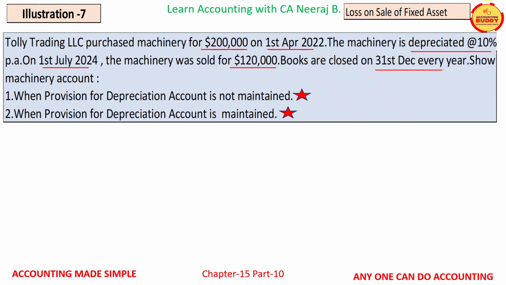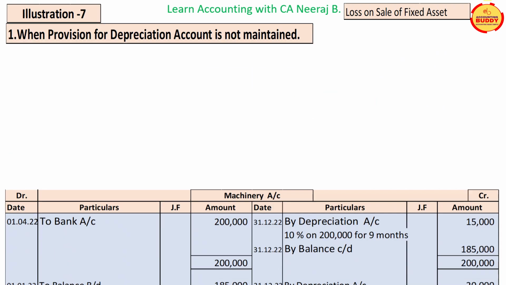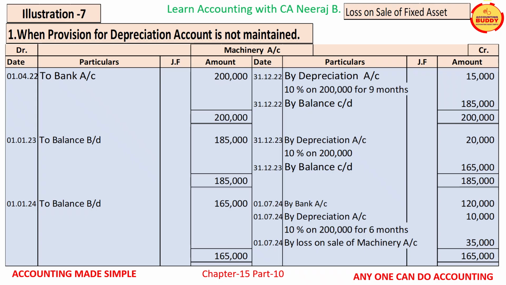Machinery ledger account when the provision for depreciation account is not maintained is displayed on your screens for 3 financial years. On 1st of April 2022, $200,000 worth of machinery is purchased and is posted on the debit side of the machinery account by writing the words to bank account under the particulars column.